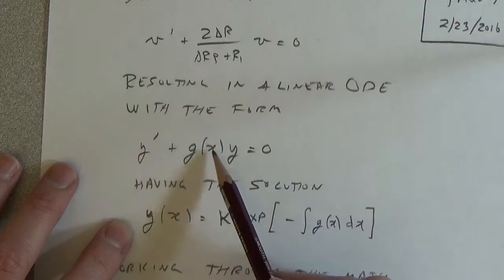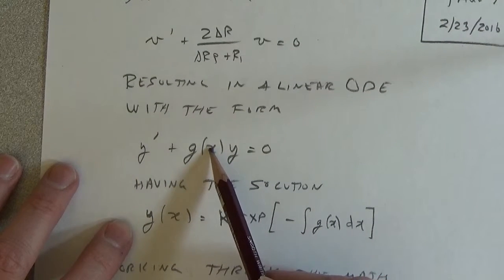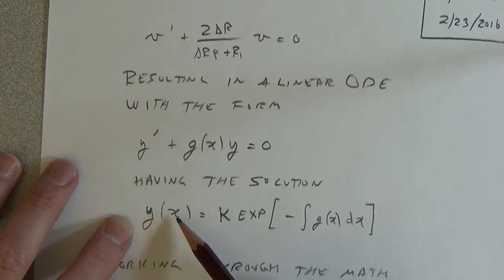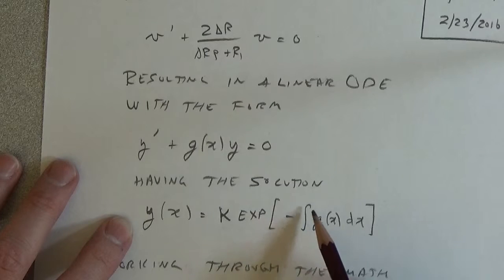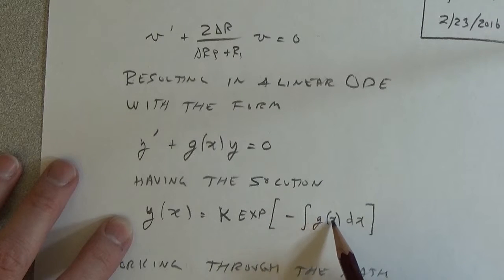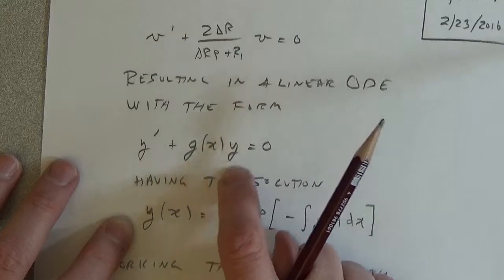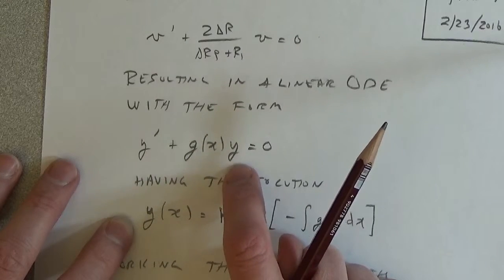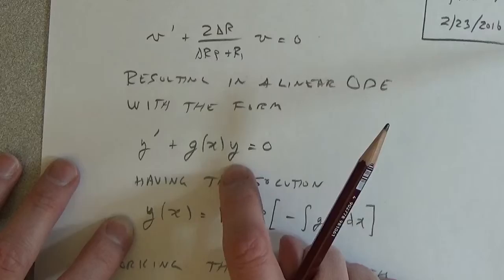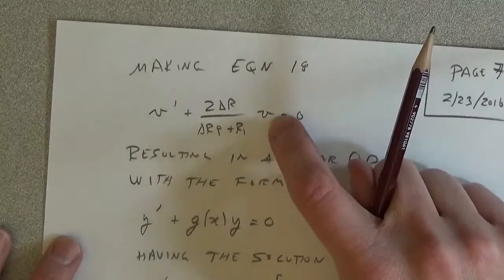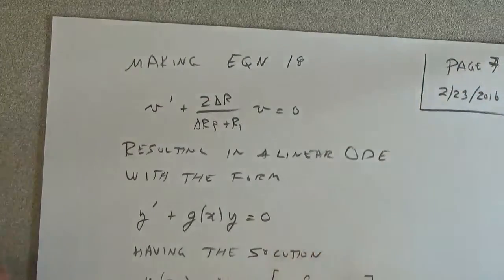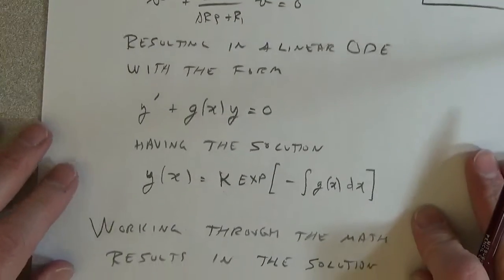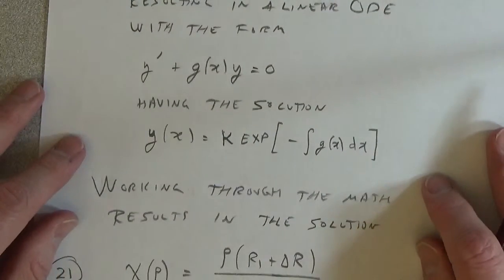So y is a function of x, where x is the independent variable. y as a function of x is equal to some constant times exp of negative integral of the g function dx, where g is the function in front of the dependent variable y, and in this case it's that.